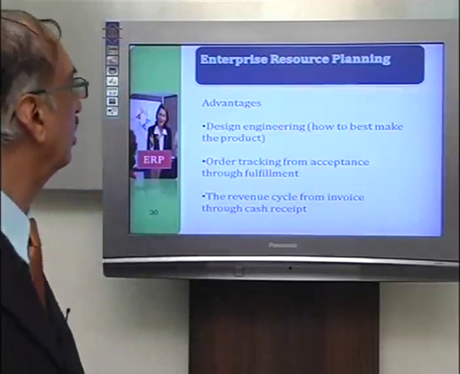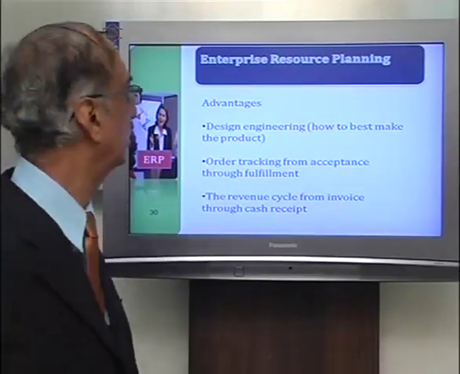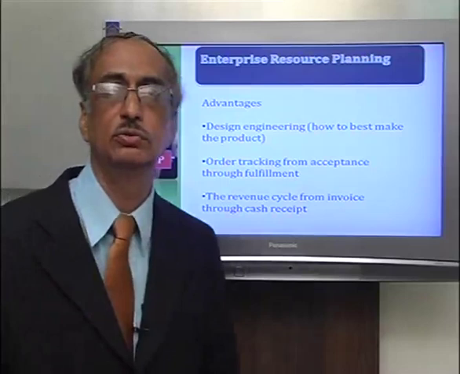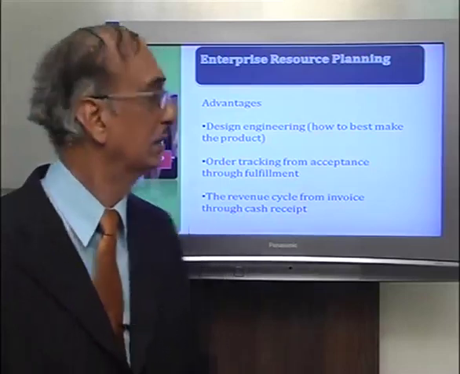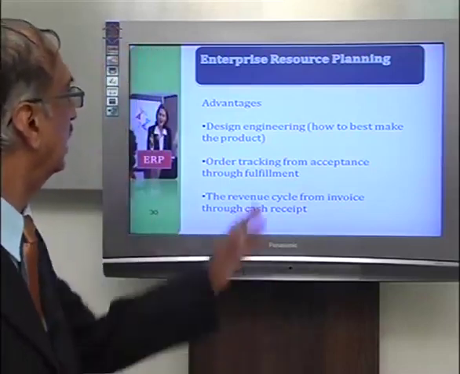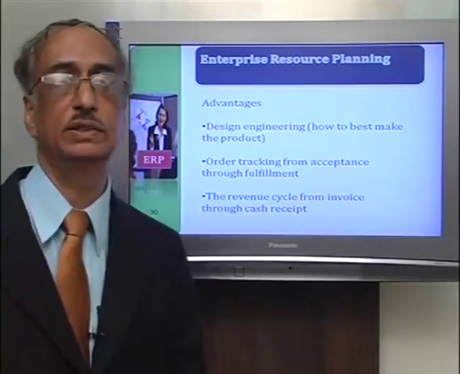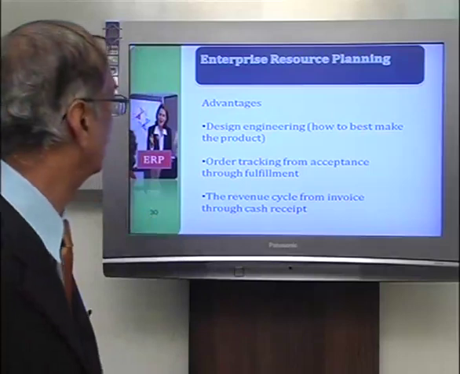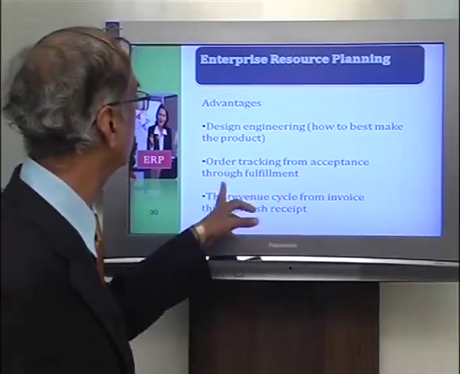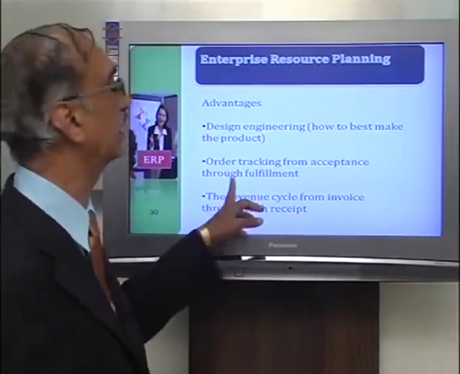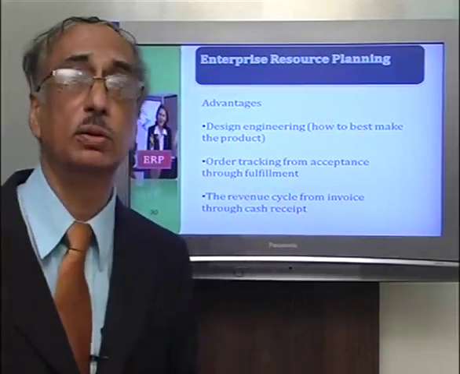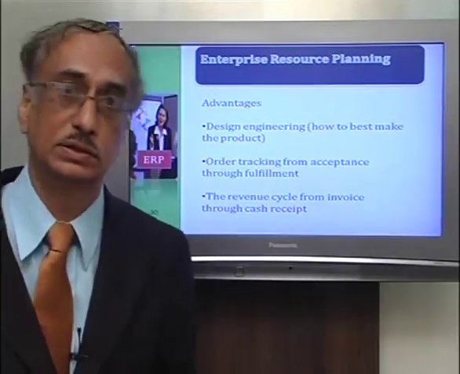Now let us see, when we talk about these modules, the advantages, why we are generally using the ERP. The design engineers, how to make the best of the product. Generally, the minimum waste and how can we make the best of the product. Then order tracking from acceptance through fulfillment. This is very important, where the manager knows how to track the orders.